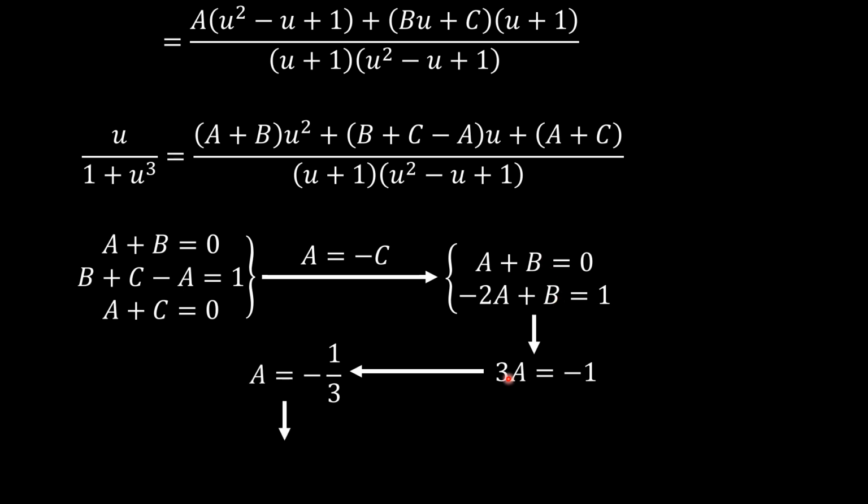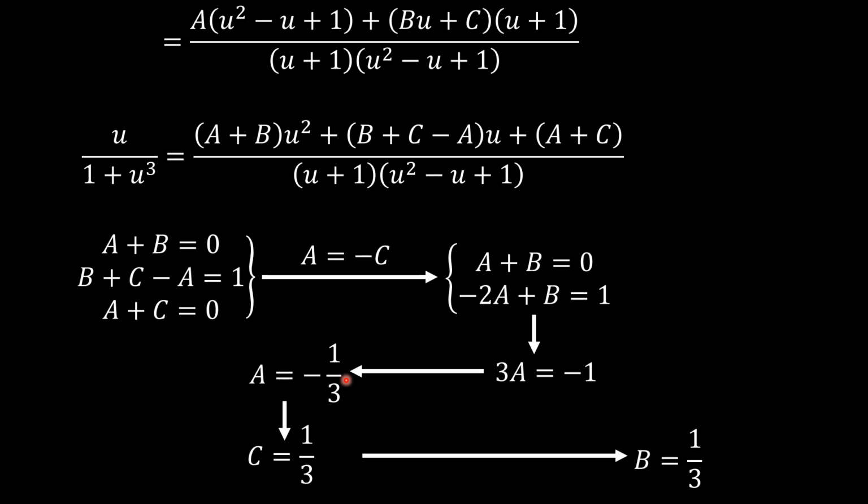So that means that a equals negative 1 over 3, and then from this expression c would be equal to a third, and we can now deduce what b is, because from here we have a plus b equals 0, so it means that b is the negative of negative a third, so b equals a third.